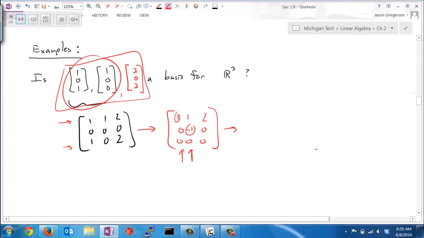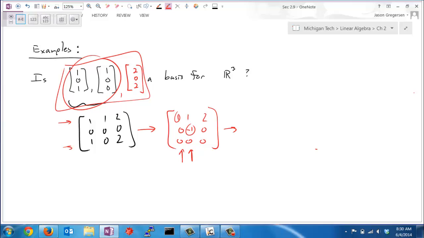Now, right away, we said there weren't going to be enough pivot positions for every row because we only had 2 vectors. We really need 3 columns to have a pivot position for every row here. So in general, there's going to be a right number of basis vectors. We can't have too few. We can't have too many. If we want to span R3, we need at least 3 vectors.